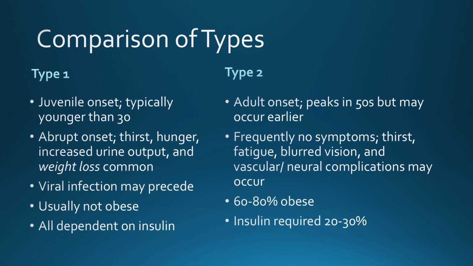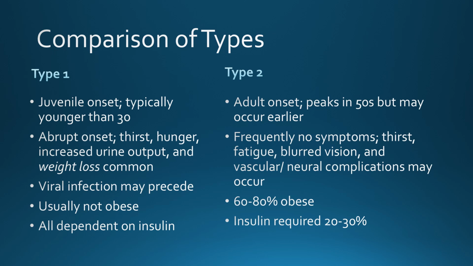All right, so this slide just kind of pulls together what we've been talking about in comparing type 1 and type 2 diabetes. Like I said, with type 1, it's typically juvenile onset, so typically onset younger than the age of 20 or 30. We have abrupt onset with type 1 diabetes. So these are symptoms that can come on very rapidly and abruptly.